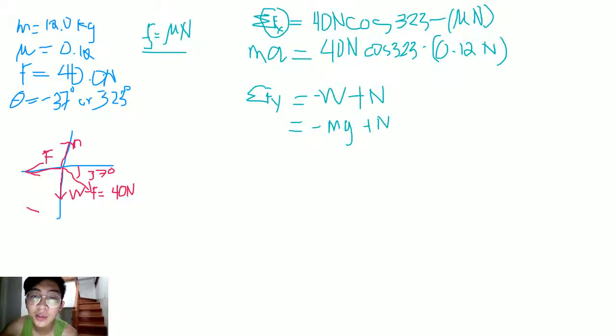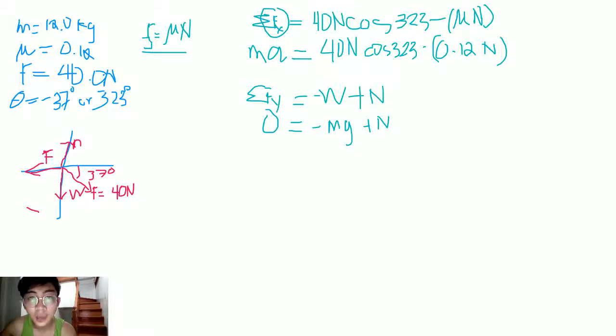So, wala naman na tayo ibang force na nag-a-act along y-axis kundi weight and normal force lang. So, ano dapat ang ating summation ng forces? Dapat equal siya sa 0 because hindi naman tayo gumalaw sa ating y-axis. So, nasa flat surface siya. So, dapat hindi siya gagalaw along y.